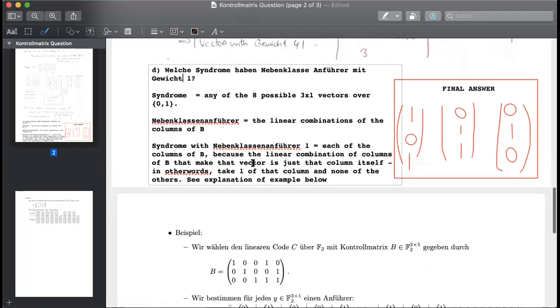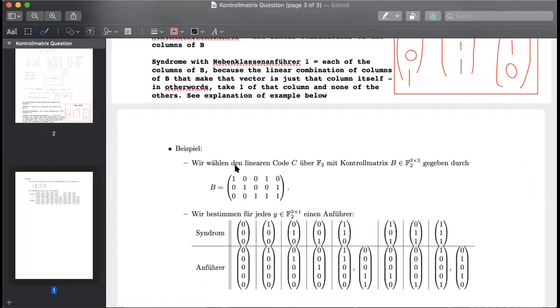That really is just the columns that you find in B. If you look at this column, obviously it's one of the possible 8 vectors over F2. And what does it take to make this vector? Well, how about one of this column plus none of the other columns?